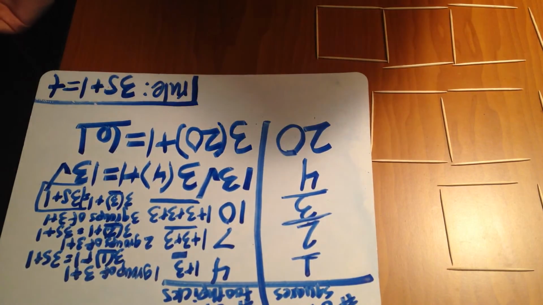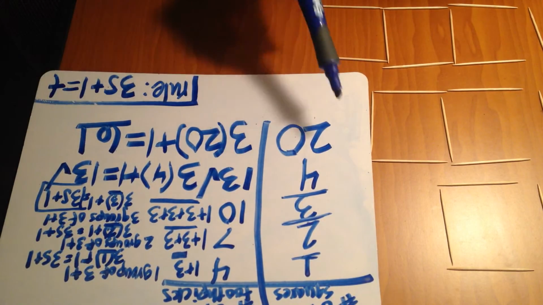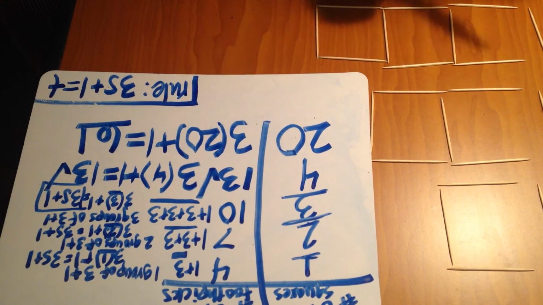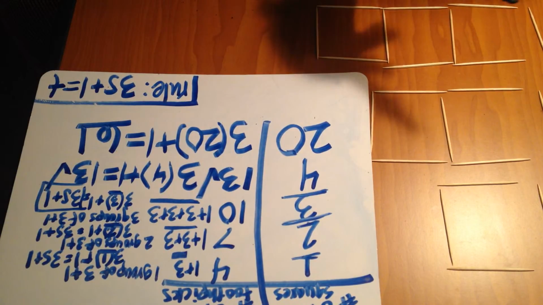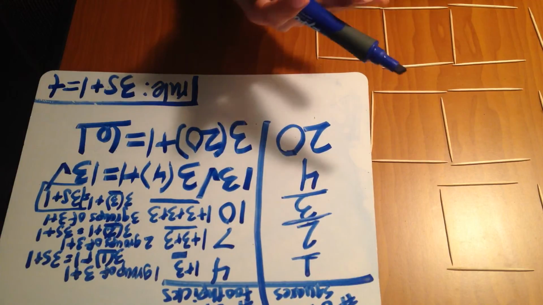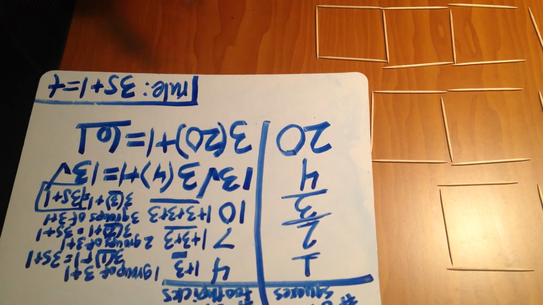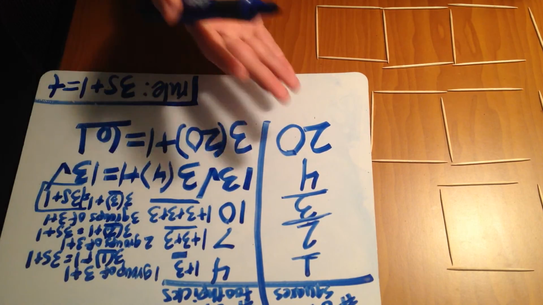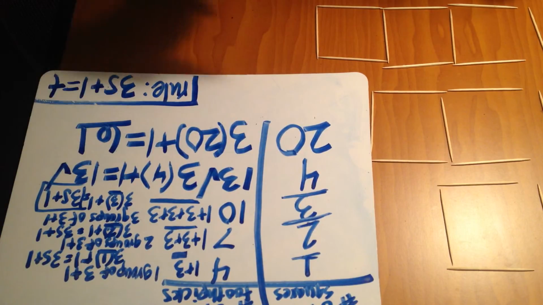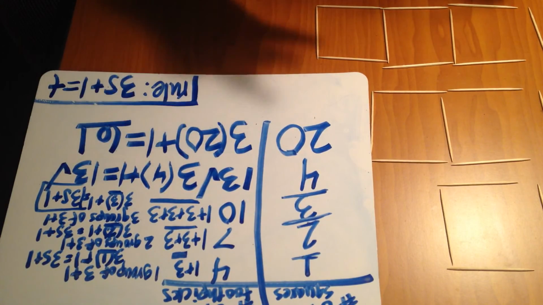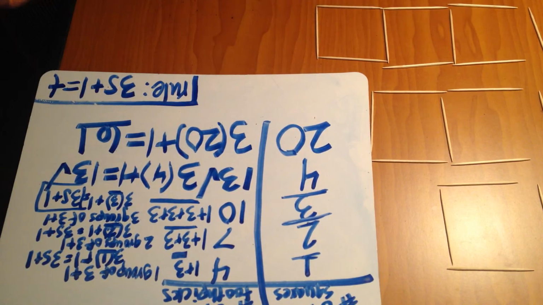So using my rule, I could figure out how many toothpicks are in 20 squares without counting plus 3, plus 3, plus 3, as I go down all the way to 20. And this is the reason that we use rules. This is why it's very important, because it makes it easier for us to find how many toothpicks are in the number of squares that we want to find.